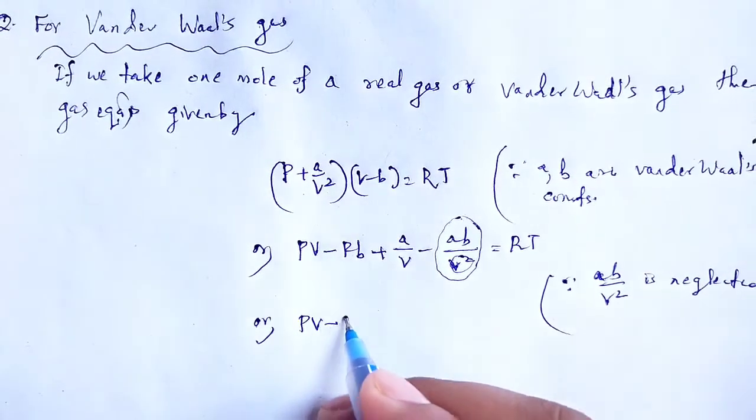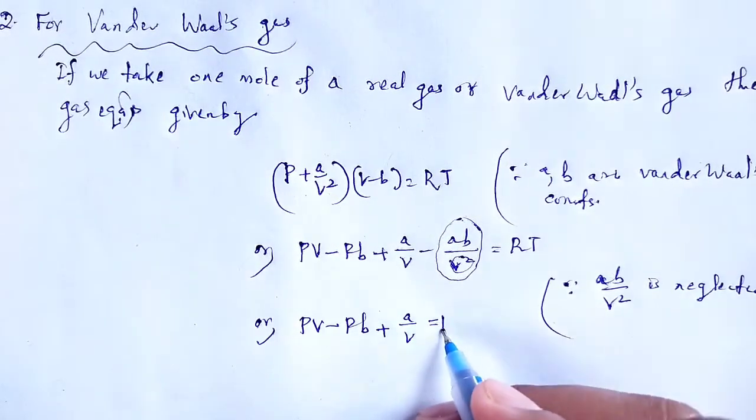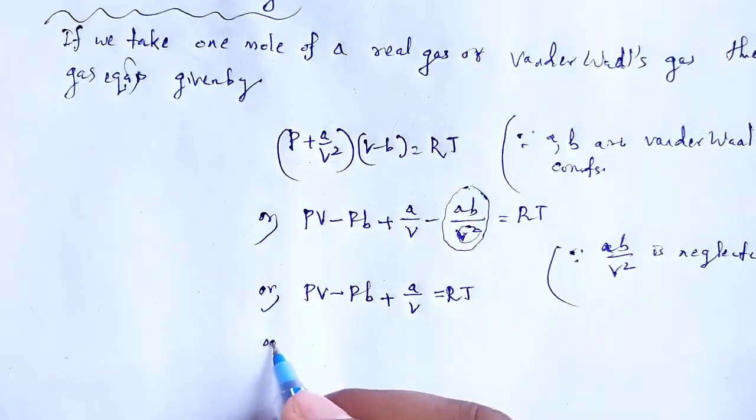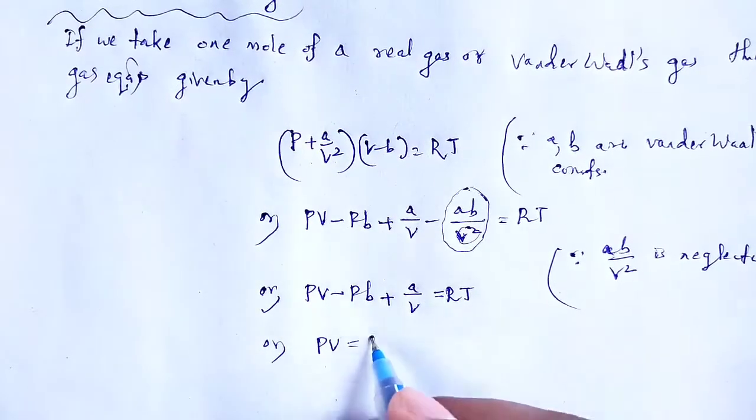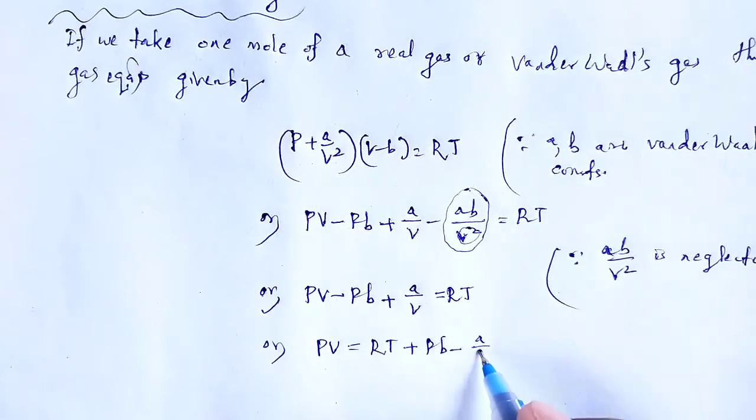So PV minus Pb plus a by V is equal to RT. Here we get PV is equal to RT plus Pb minus a by V.